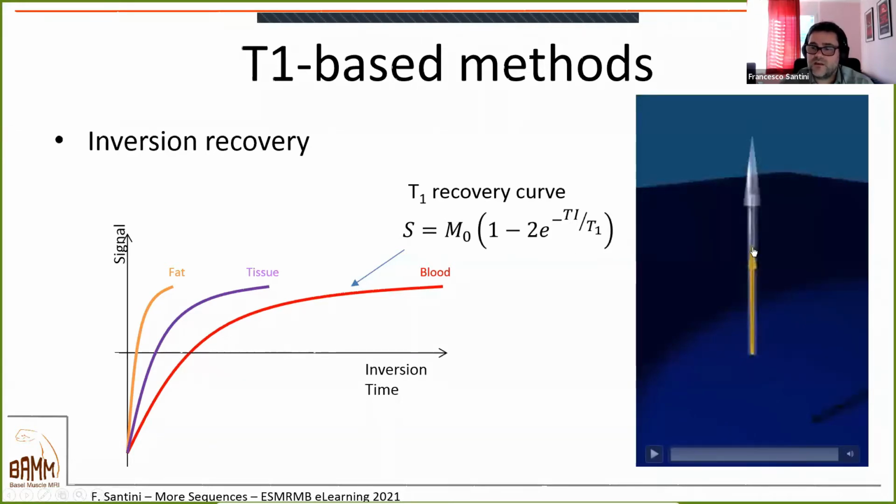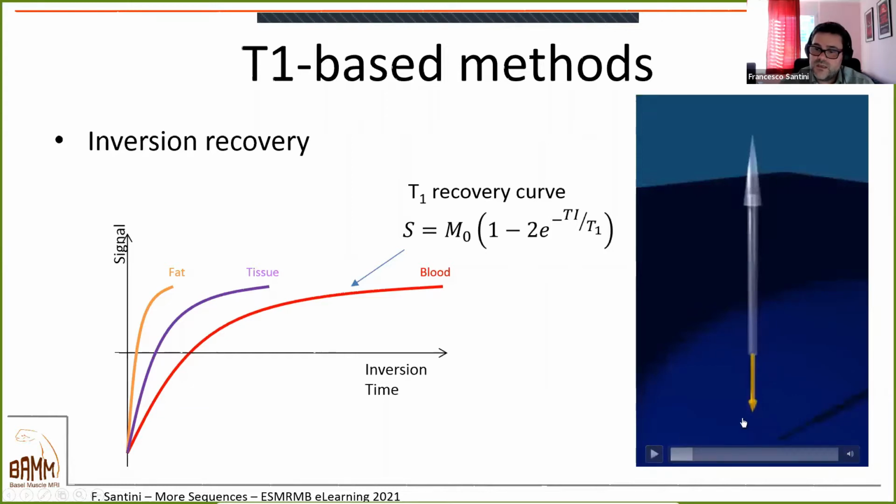And here I have an animation. The 180-degree pulse will not excite this spin, but it will just make it rotate by 180 degrees until the opposite direction. So it will go like this.